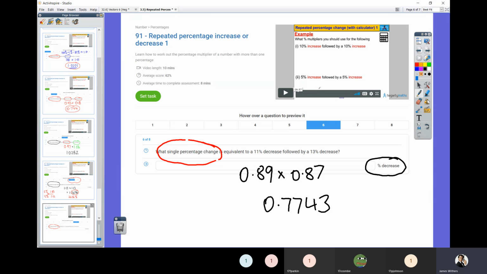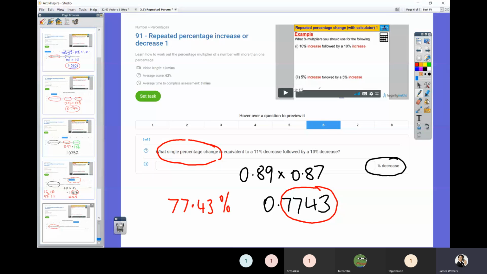Okay, so the single percentage change, what is the percentage decrease? We're trying to find percentage decrease. Now we've got to focus on that bit there. That's the bit we're left with. That is the amount that is left. That's the percentage that is left. We're left with 77.43%.